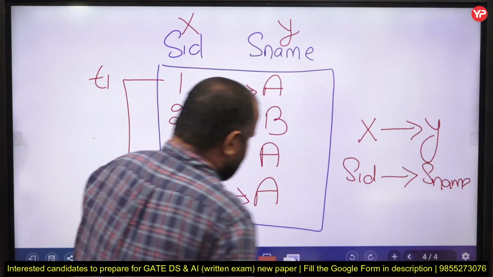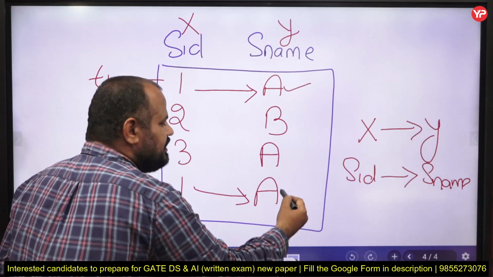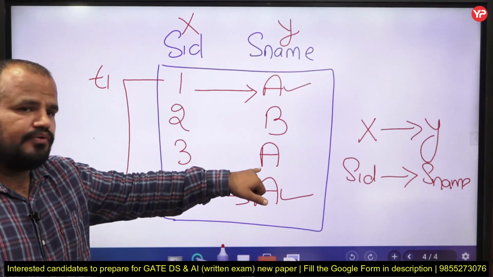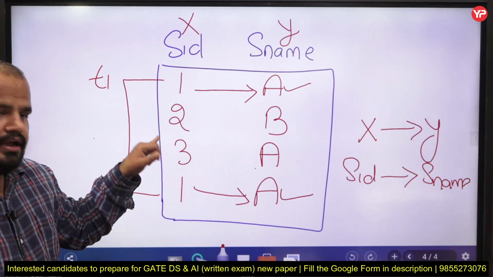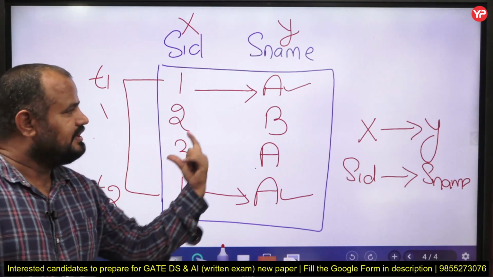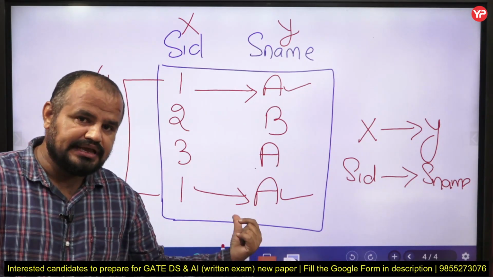Why? See, whenever you call roll number 1, only this student responds to you. Note this A, because the corresponding name for roll number 3 is different. It means whenever you call an SID, you will get a unique answer.